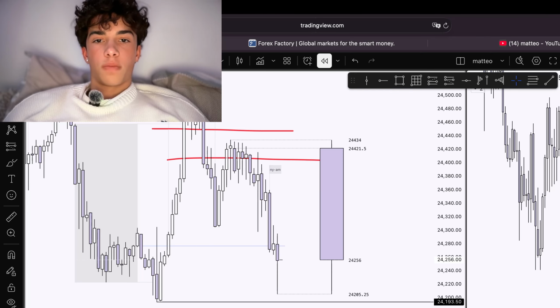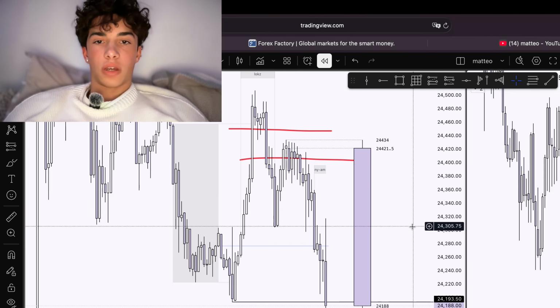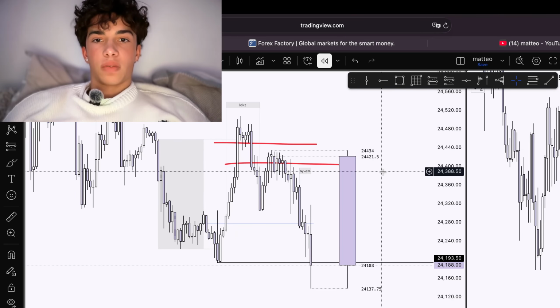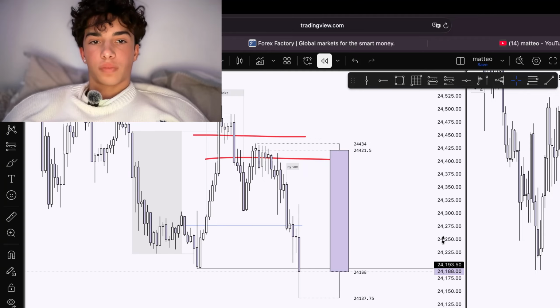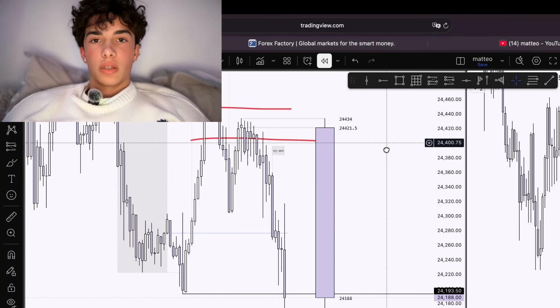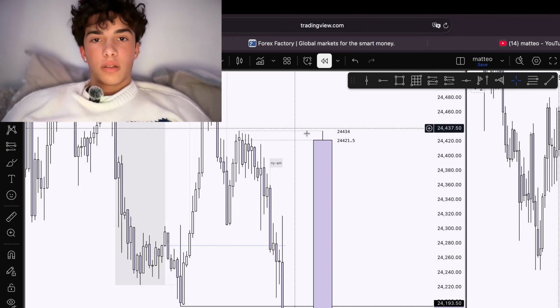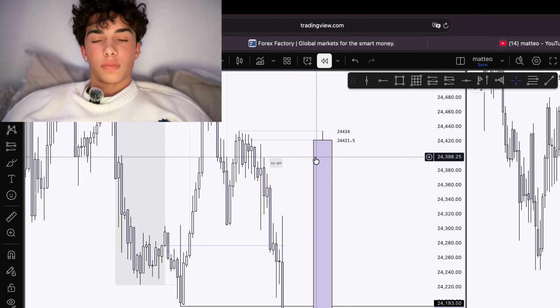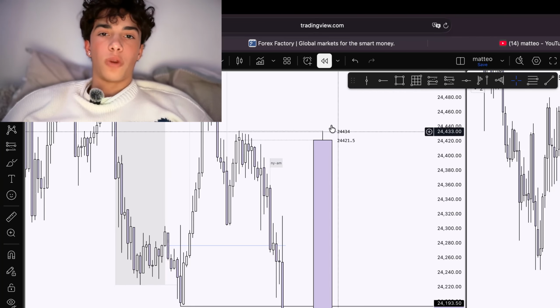Chop, chop, chop, and during New York IM, we expand lower. Okay. Now, what do we see here? After creating this new candle, we left basically no wick above.